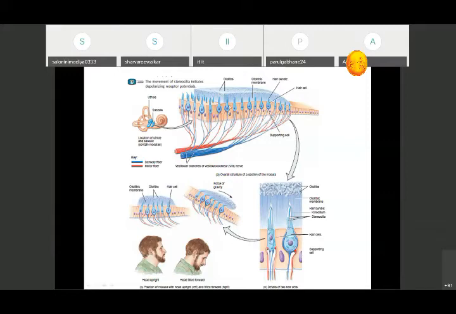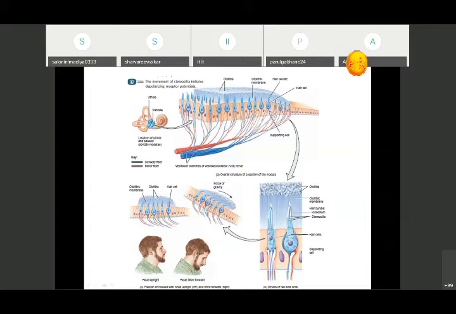Inside these hairs there are tufts of cilia. So you can see this individual hair. These are the hair cells, and on these hair cells there are tufts of cilia. These cilia have a typical arrangement, and above these cilia there is a gelatinous material, and on this gelatinous material there are small crystals of calcium carbonate.